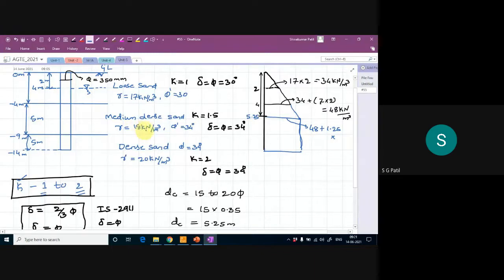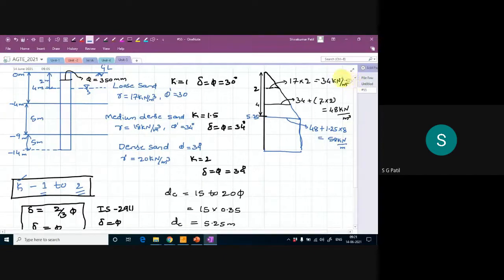So 18 minus 10 is 8. So 1.25 is your depth, 8 is your submerged unit weight. So how much are you getting? 58 kilonewton per meter square.